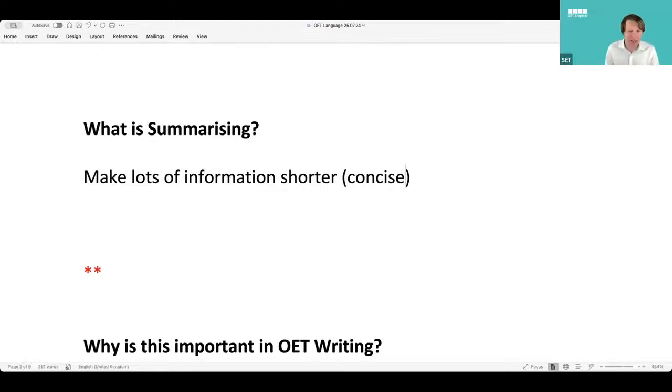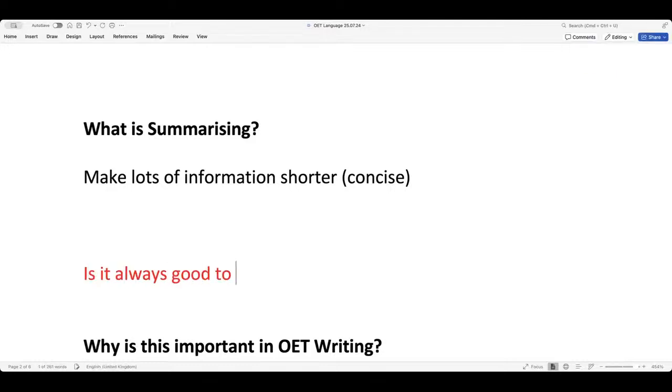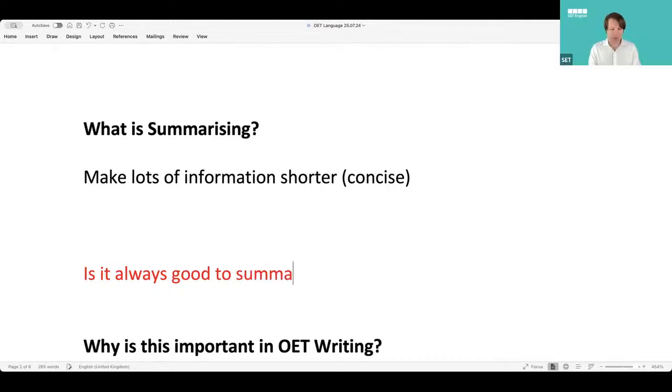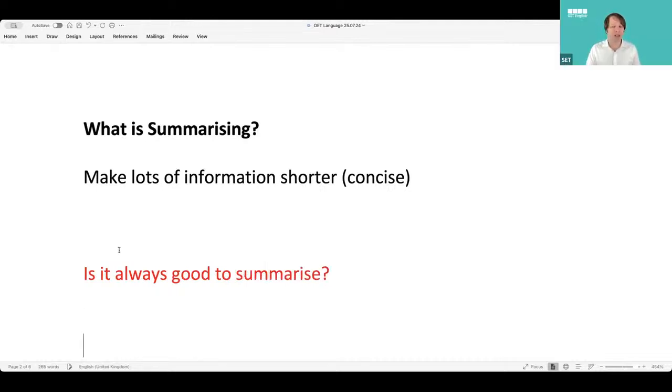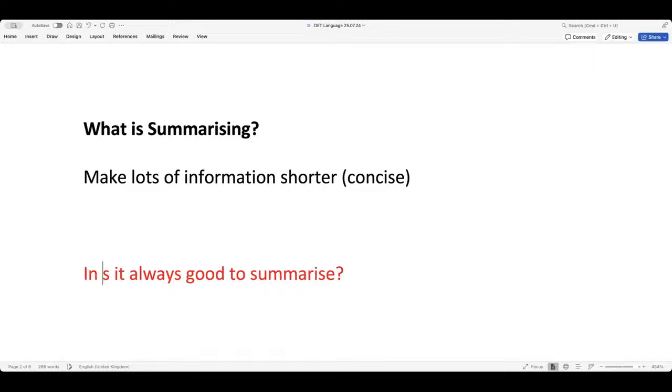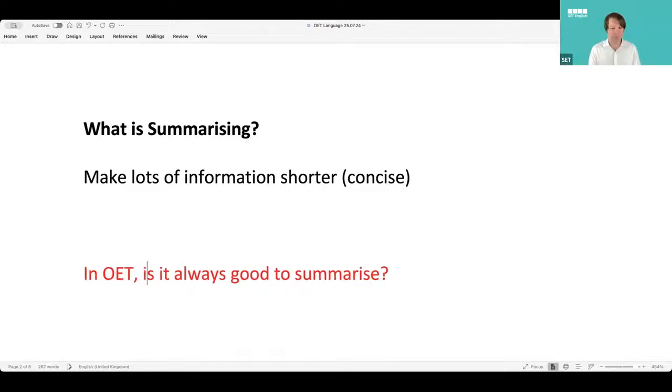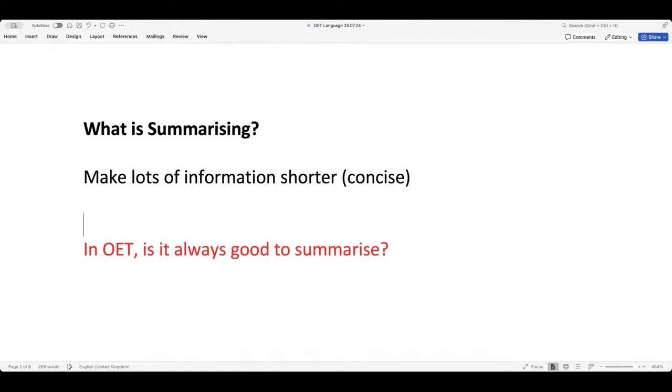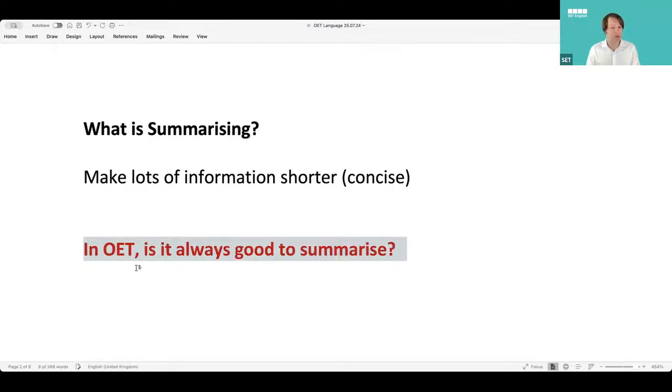It means shorter. Now, this is a very important point. I didn't talk about this yesterday, and I should have. Priyanka, could you say hello? Hi, Alain. Priyanka, is it always good to summarize in OET? It depends. What does it depend on? I think the task.